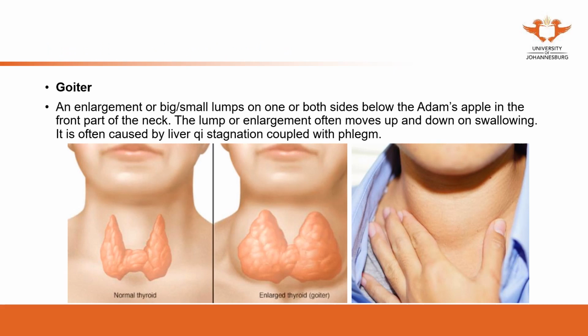The first one we're going to introduce is goiter. Goiter is the enlargement of the thyroid gland. Just before we go into details, some of the diseases here and some of the physical examination methods you are going to learn in the diagnostics of general medicine in future, so we're not going to focus on them.